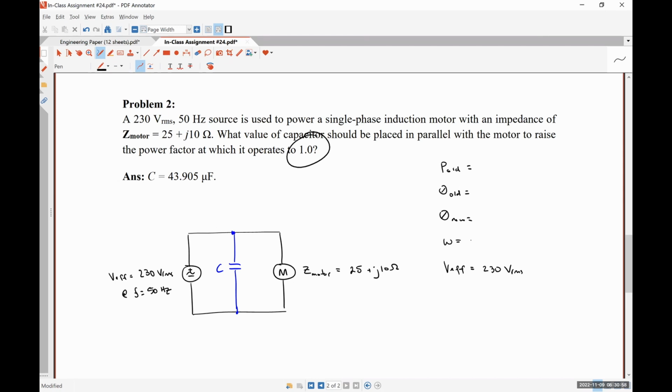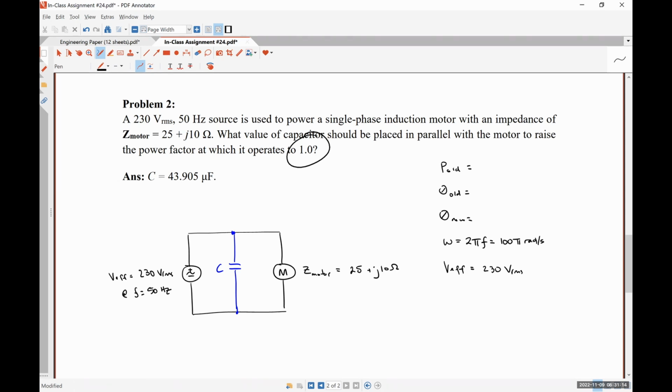We were given enough information to find omega. It's always 2 pi f, so this is going to be 100 pi radians per second. We were given enough information to figure out theta new.